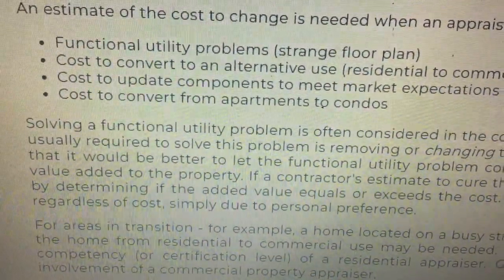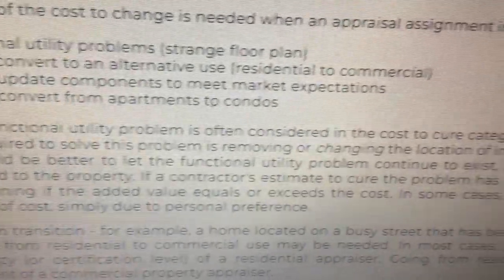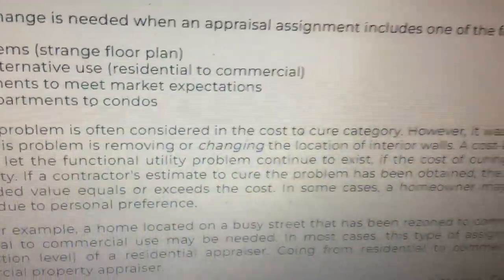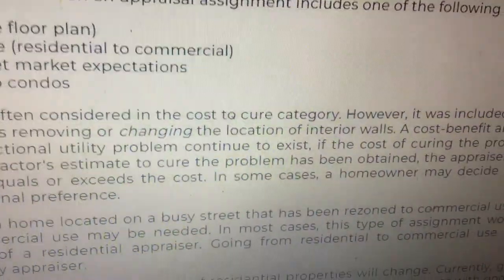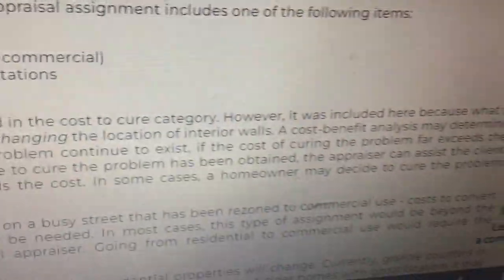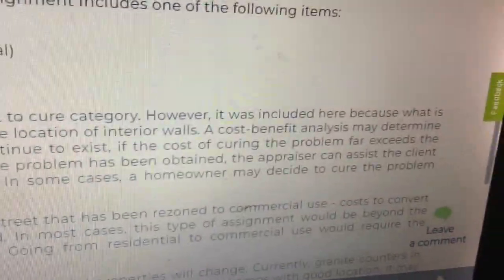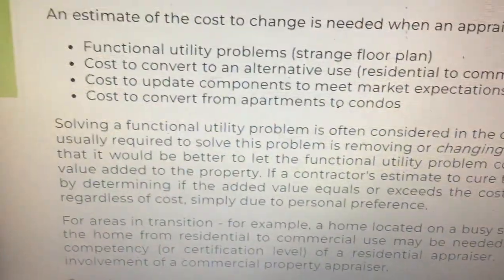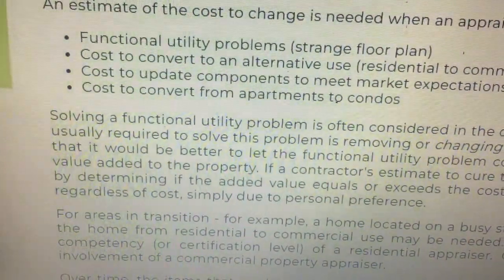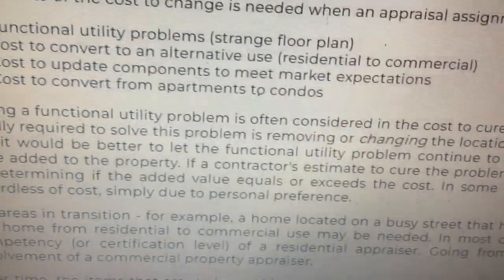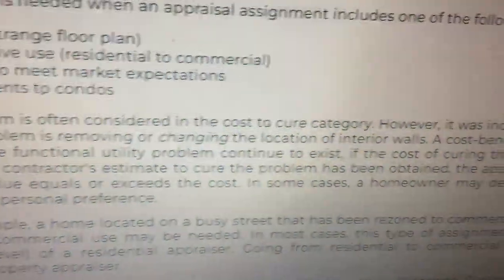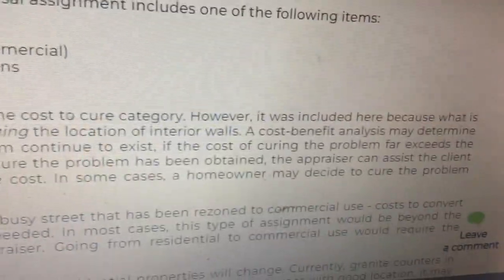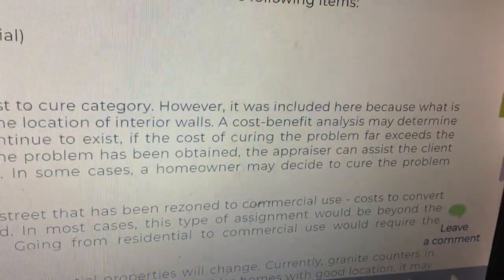Solving a functional utility problem is often considered in the cost to cure category. However, it was included here because what is usually required to solve this problem is removing or changing the location of interior walls.